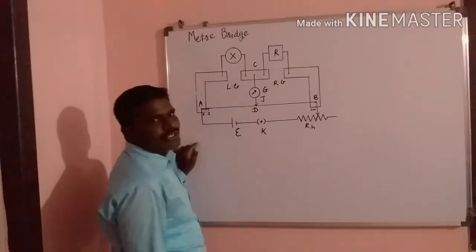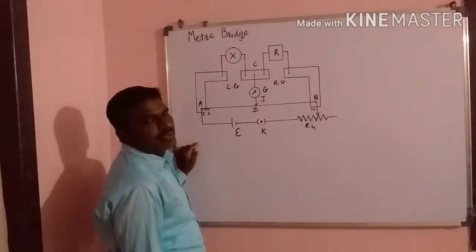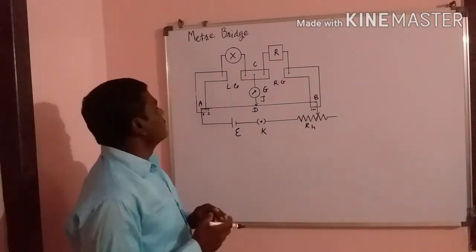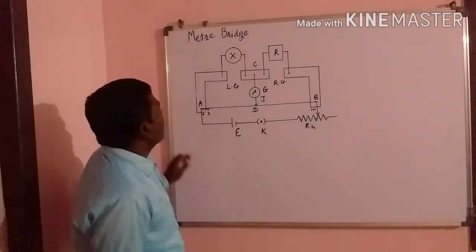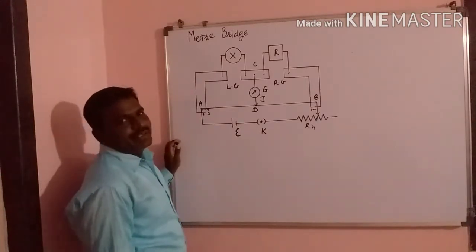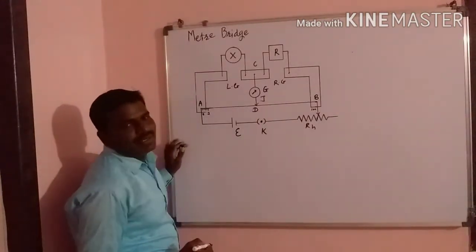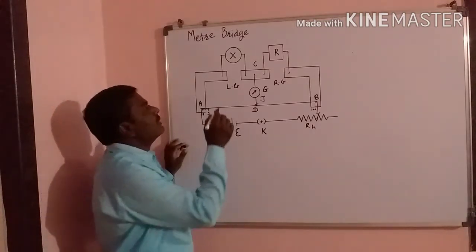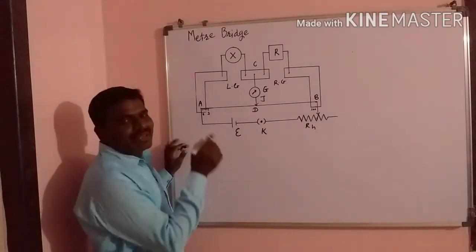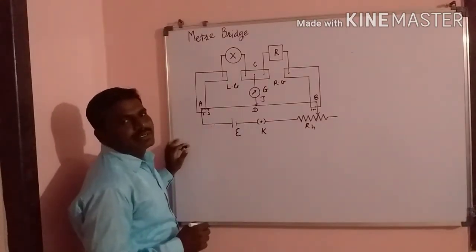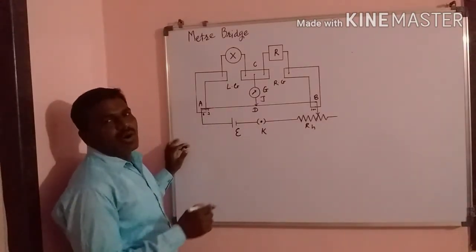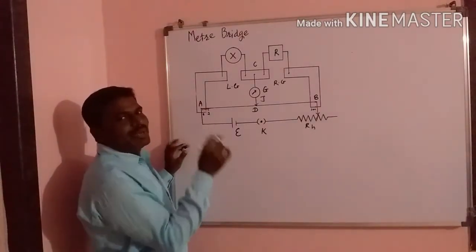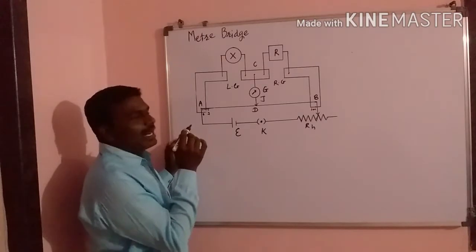That point is D, where we get a null deflection in the galvanometer. At that time we say that the balance condition is verified, or the Wheatstone bridge condition is applied.